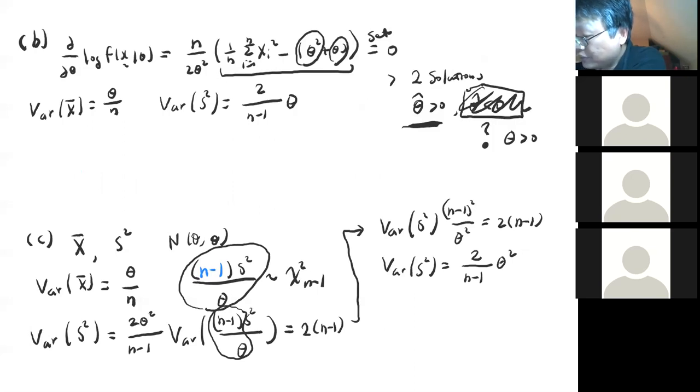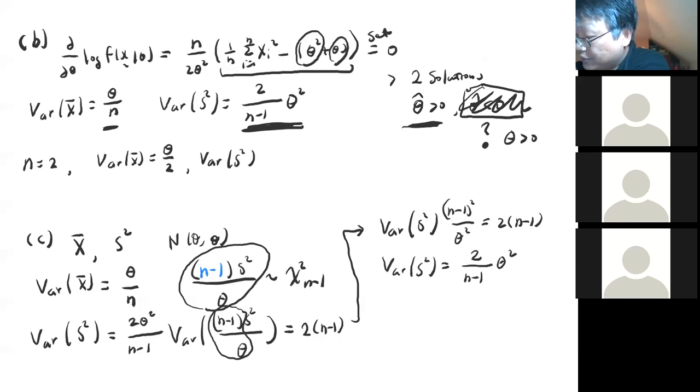Again, how do we know which one is bigger? As I told you in class, it's just plug in. What if n is 2? If n is 2, the variance of x bar is theta divided by 2, and the variance of x squared is 2 theta squared.